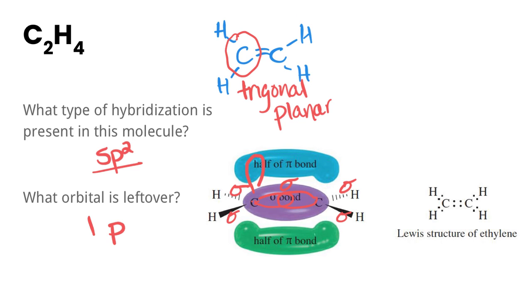Those p orbitals stick up and down like this on each carbon, and you get side-to-side overlap in both of these regions, forming a pi bond. So in this molecule, the double bond is made up of one sigma and one pi bond. All of the other single bonds are made up of sigma bonds.